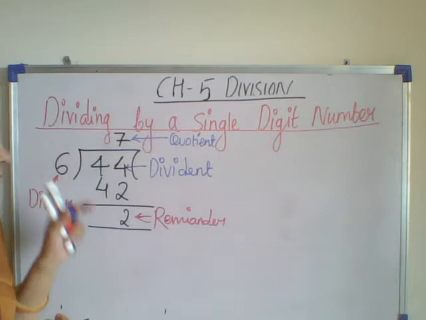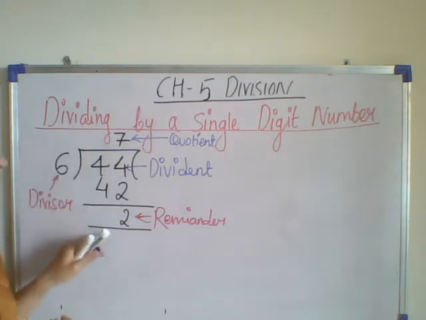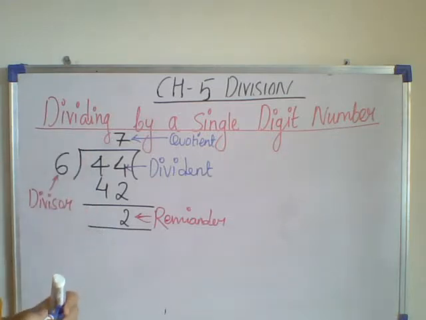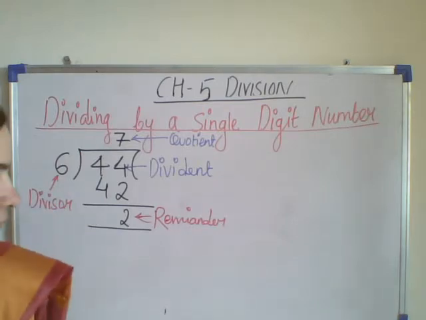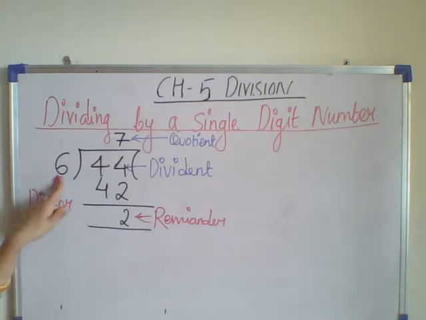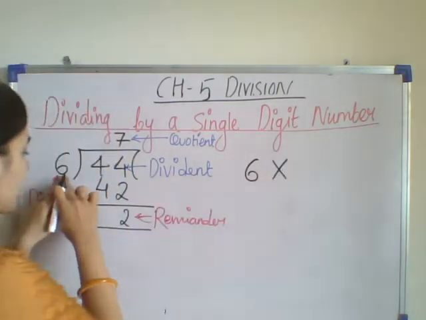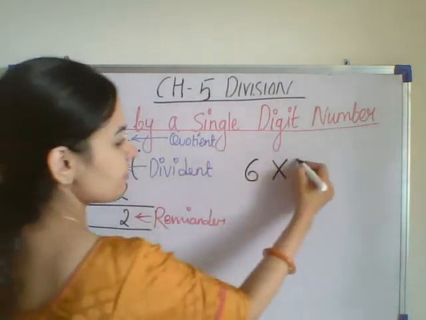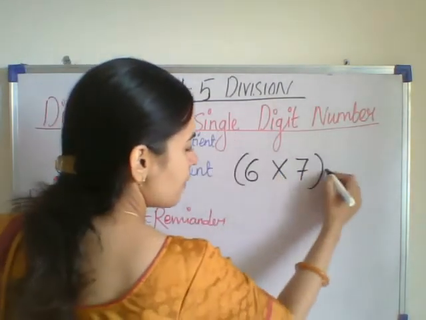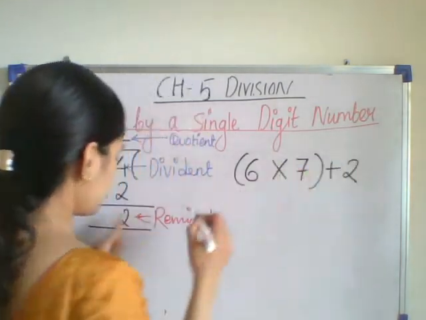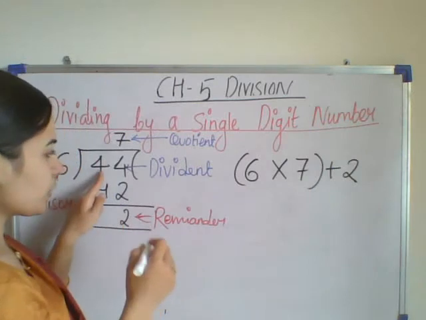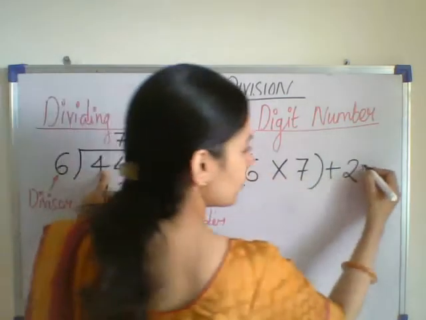Now how to check whether the division that I have done here is right or wrong? In order to check it, what we'll be doing? 6 multiplied by 7 plus 2. It should be equal to 44.